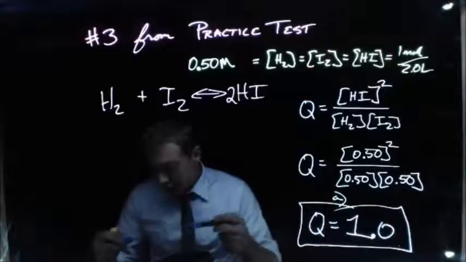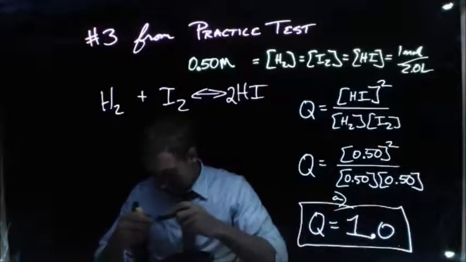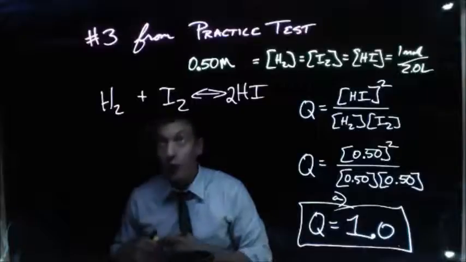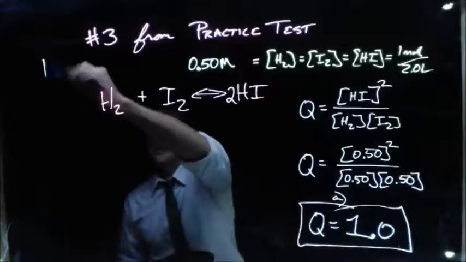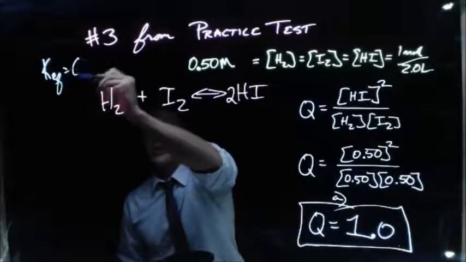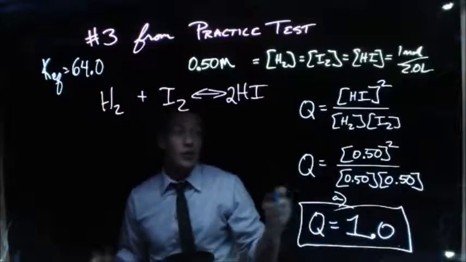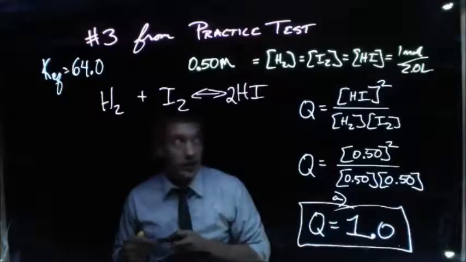B asks, which direction will the equilibrium shift? And it tells us in the question, at the reaction temperature, KEQ equals 64.0. So if KEQ equals 64.0, then Q is very much less than KEQ.